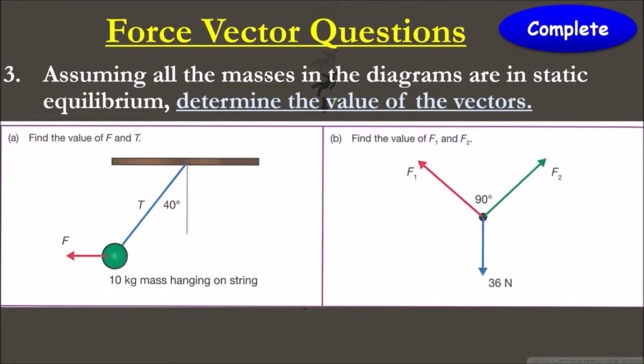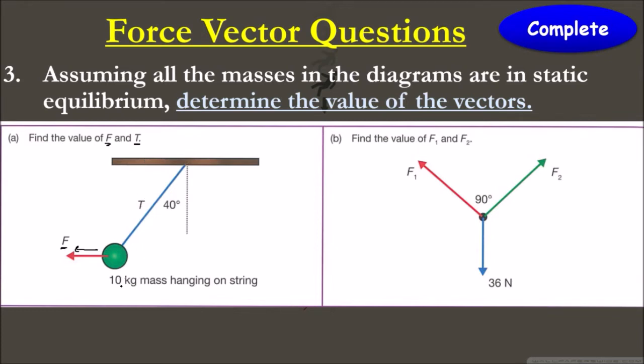Okay, so we have some force vector diagrams that we need to try and resolve and solve for. For the very first one, we are assuming all masses in the diagrams are in static equilibrium, so they're currently stationary, and it says determine the value of the vectors. For question A, we want to find this force, dragging it along this way, and the tension force, which is this force on the line.